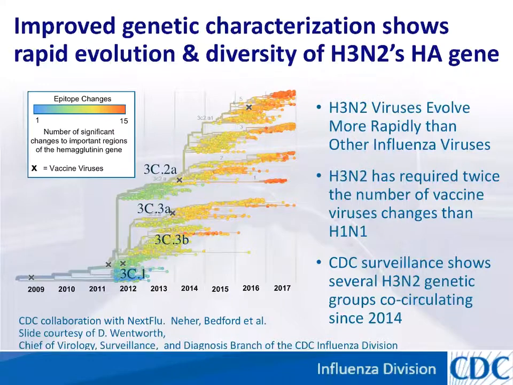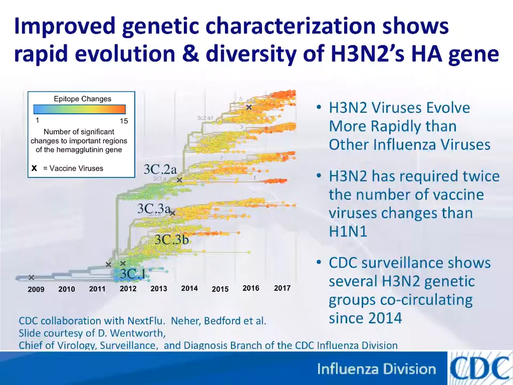And the other thing that the CDC saw is that starting in 2014, there were numerous co-circulating subgroups or subclades of viruses, one being the 3C1, a 3C2A, a 3C3A, and a 3C3B.